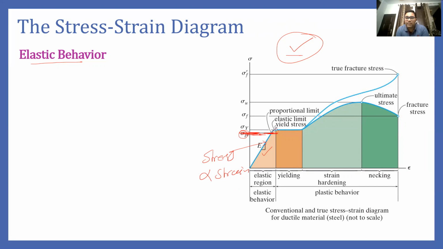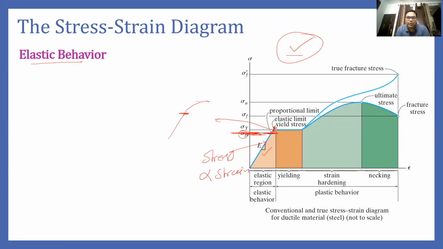If we apply load beyond this value and up to this value, I will enlarge this one. So it is something like this. Up to this load, the material will regain its shape instantly after removal of the load.